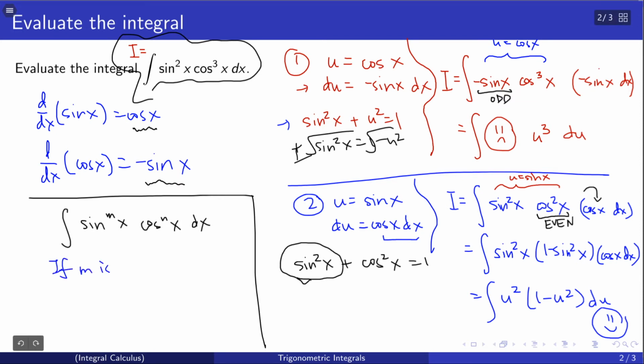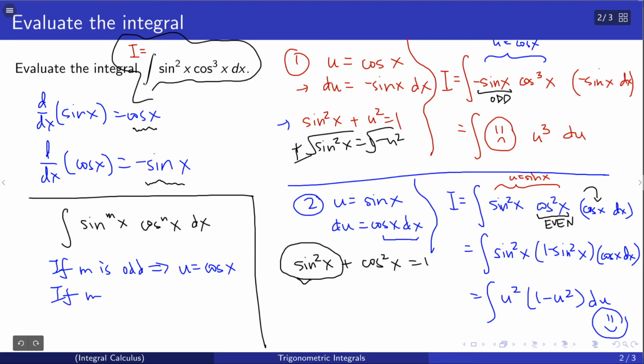If m is odd, then I'm going to use u equals cosine x as my substitution. Again, the reason is having an odd power for sine means I can safely isolate a copy of sine with the dx and have an even power left. So I can express the rest as 1 minus u squared, or a function of 1 minus u squared.